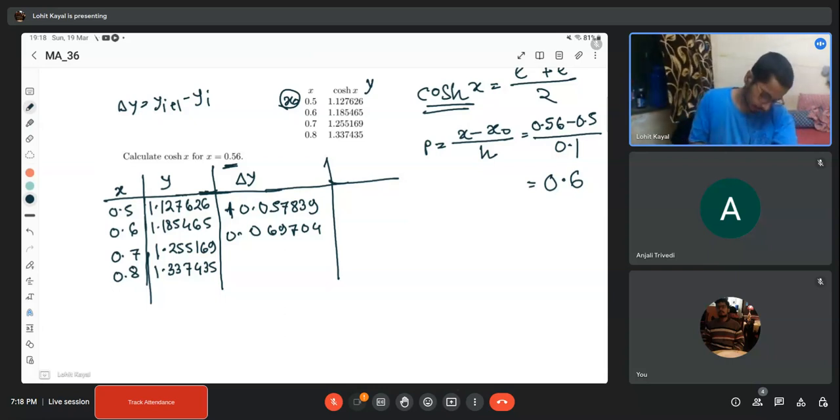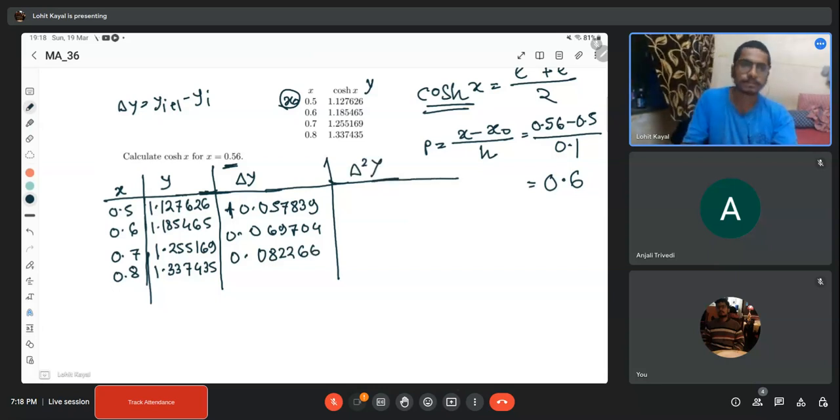So it is 0.082266. Now I need to calculate delta square of y.